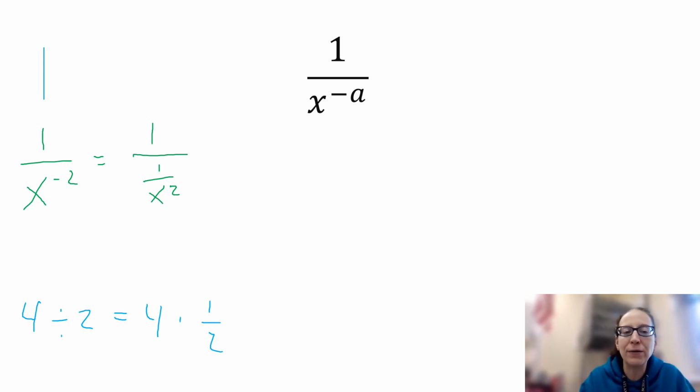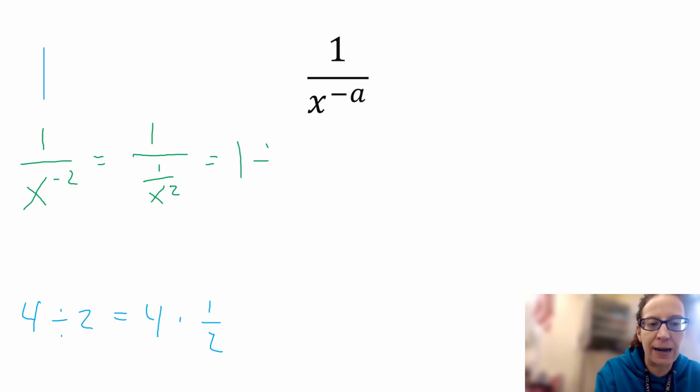Now, what I'm about to do here is I'm going to take that expression in the green. I'm going to do a couple of rewriting steps. So the fraction bar means division. So I'm going to take this fraction bar right here and rewrite it using a traditional division symbol. So this is 1 divided by 1 over x squared.